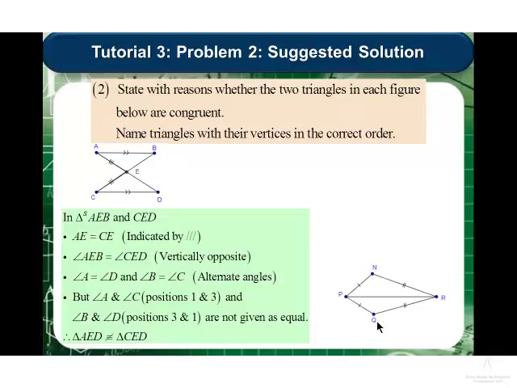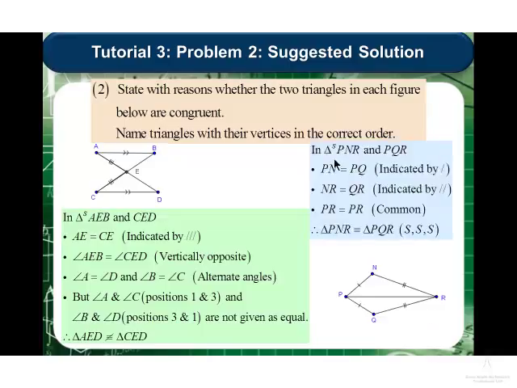In the second figure, we again have two triangles, PNR and PQR respectively, to consider. The question is, are these congruent triangles, and if so, why? Here we have the triangles PNR and PQR to consider. PN has the same length as PQ, the two sides, that is given, and also NR and QR, as is indicated in this figure.